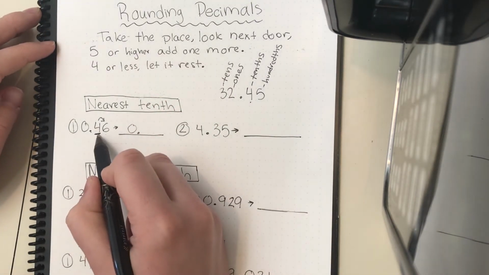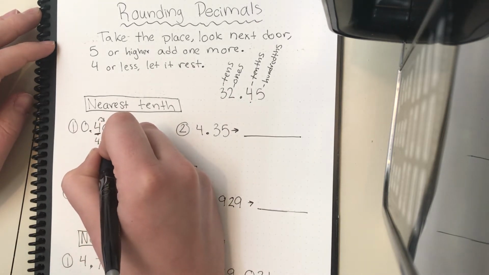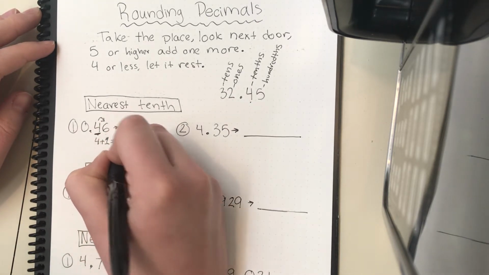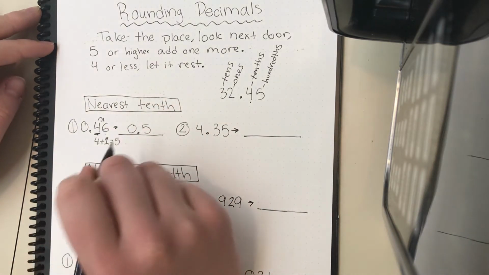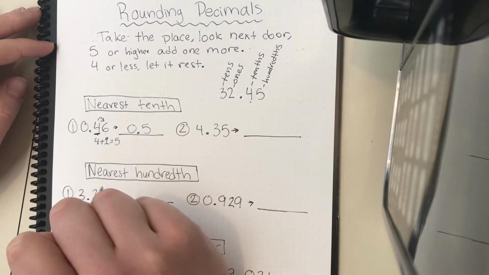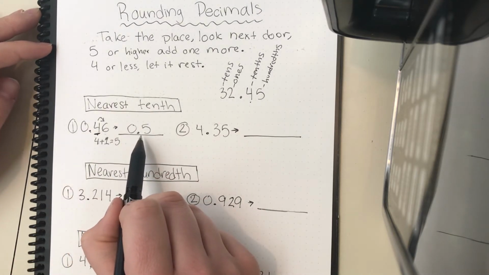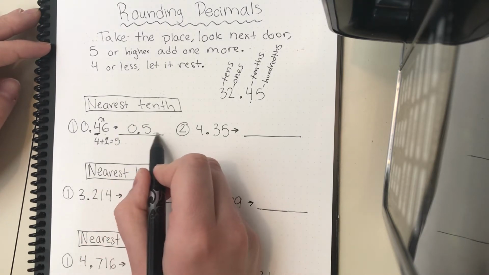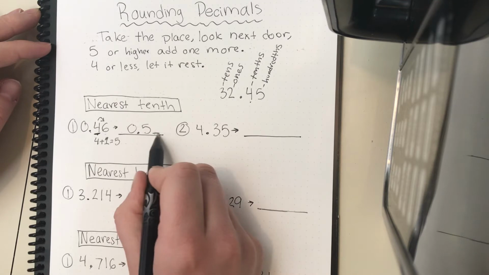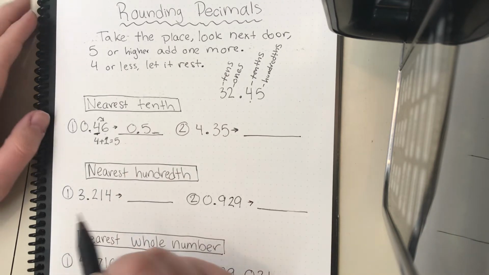We started out with a 4. 4 plus 1 is 5. So instead of a 4 in the tenths place, we would have a 5 in the tenths place. So we're rounding 46 hundredths to 5 tenths. When we're rounding to the nearest tenth, there shouldn't be anything in the hundredths place. Nothing should be coming after that tenths place.